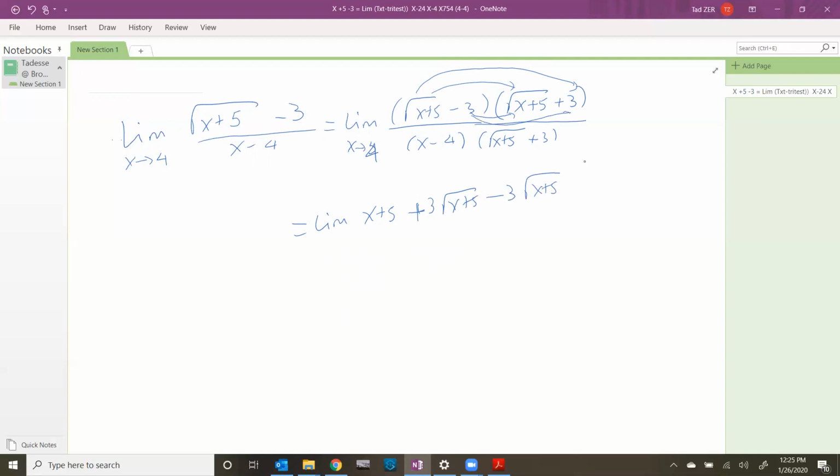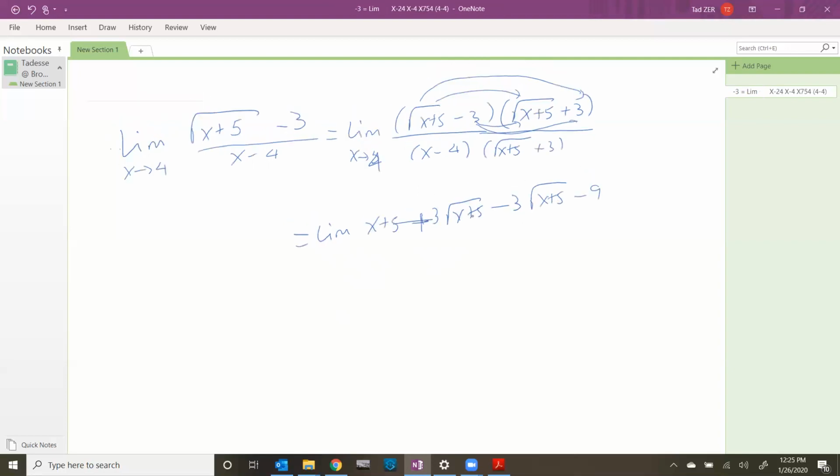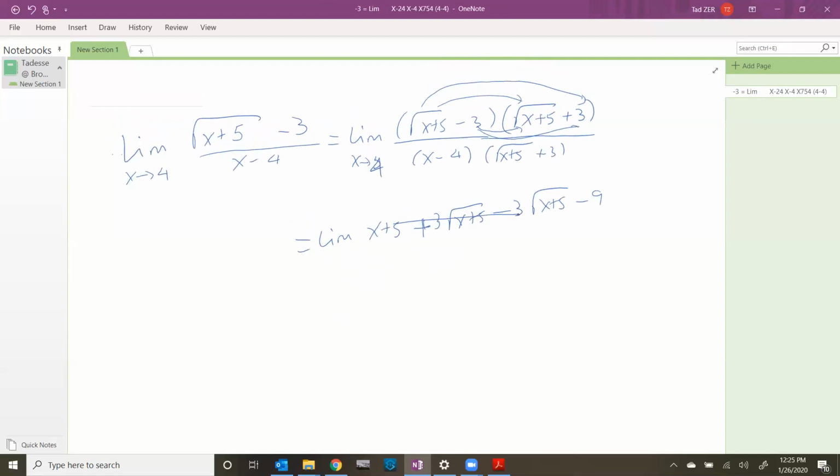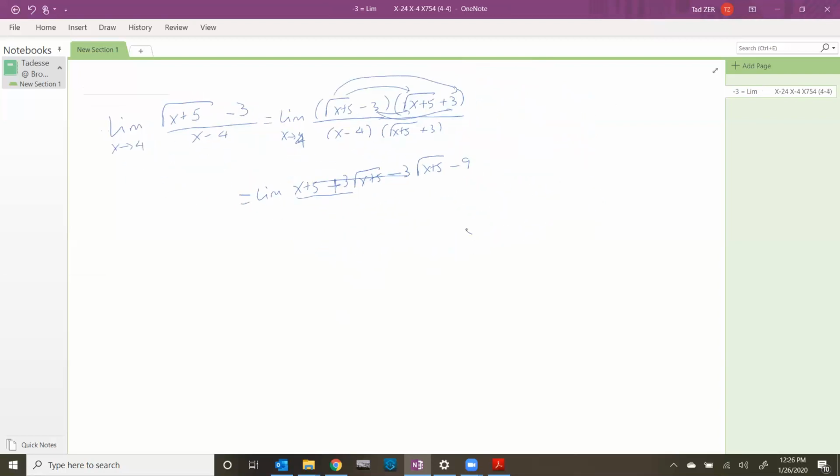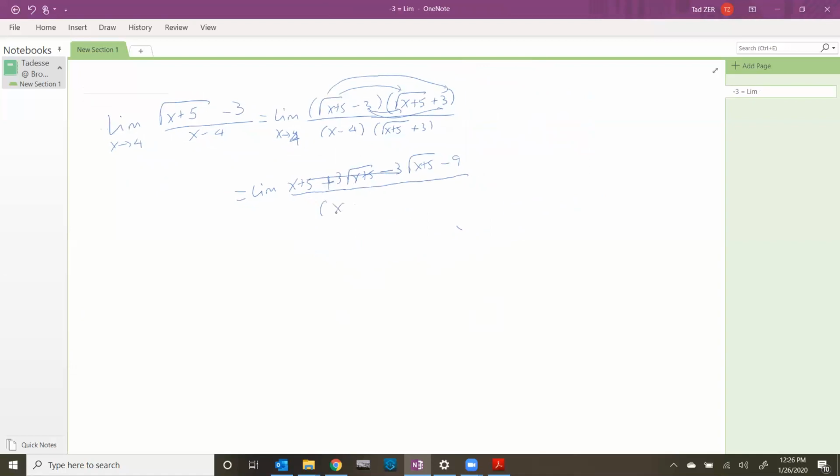Negative 3 times 3 will give you what? Negative 9. Everything divided by x minus 4 times radical of x plus 5 plus 3, as x goes to 4. Very good.